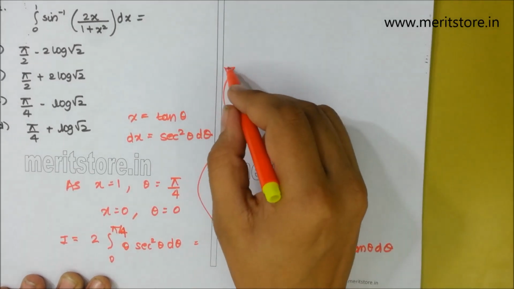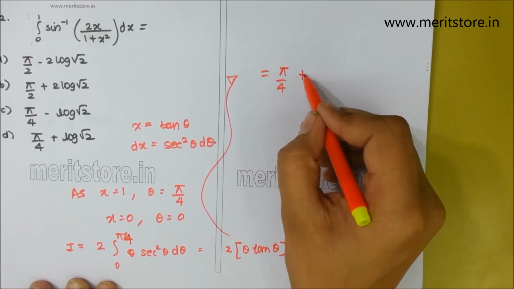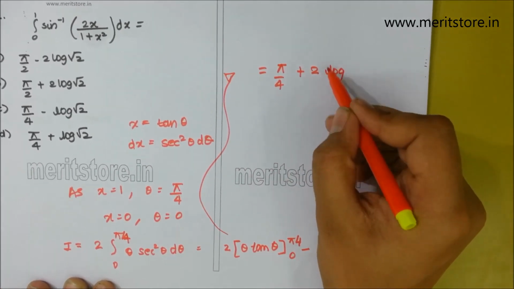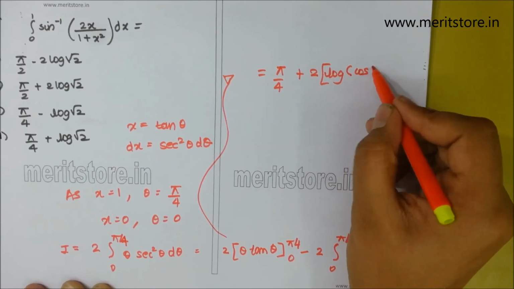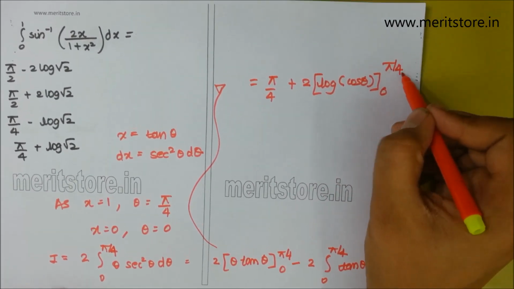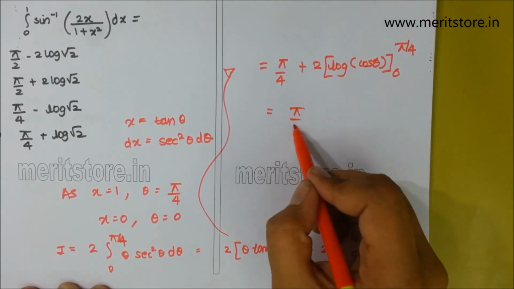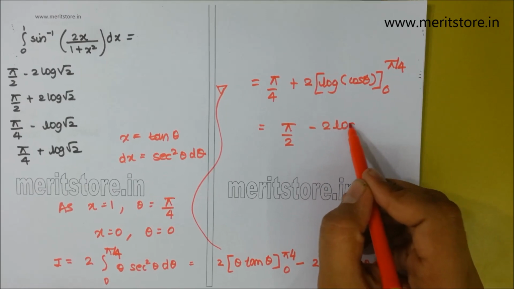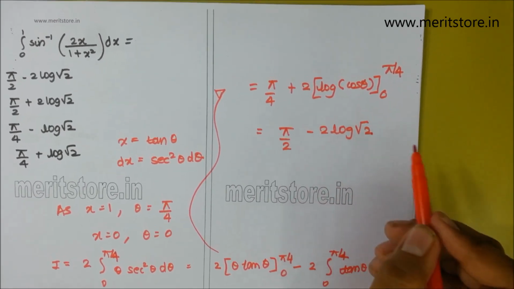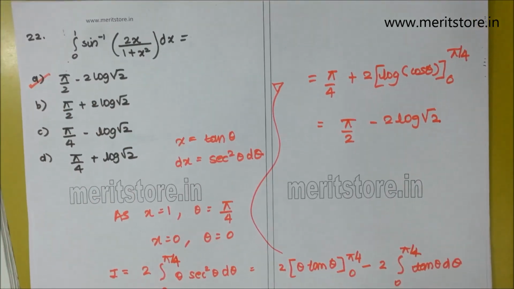After solving this, what we get is pi by 4 plus 2 log of cos theta from 0 to pi by 4. Now upper limit minus lower limit will give us pi by 2 minus 2 log root 2. That is option A is the correct answer.